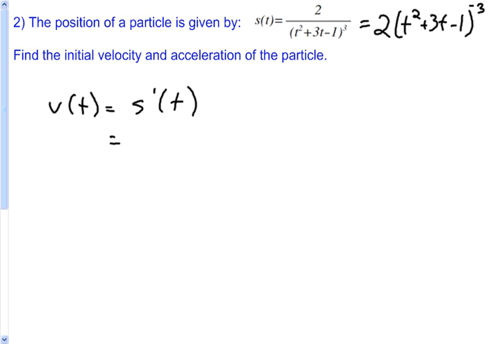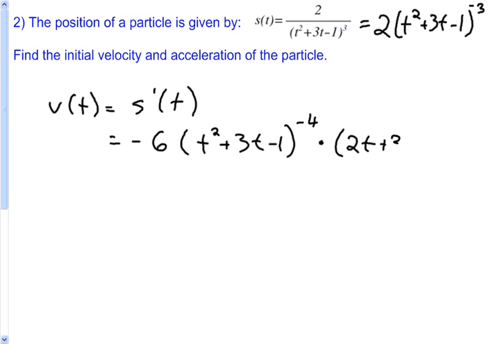So I bring down the negative 3 times 2 gives us negative 6. We keep the stuff inside the brackets the same, and subtract 1 from our exponent. And then we multiply by the derivative of what is inside the brackets, our inner function. So that's going to be 2t plus 3.